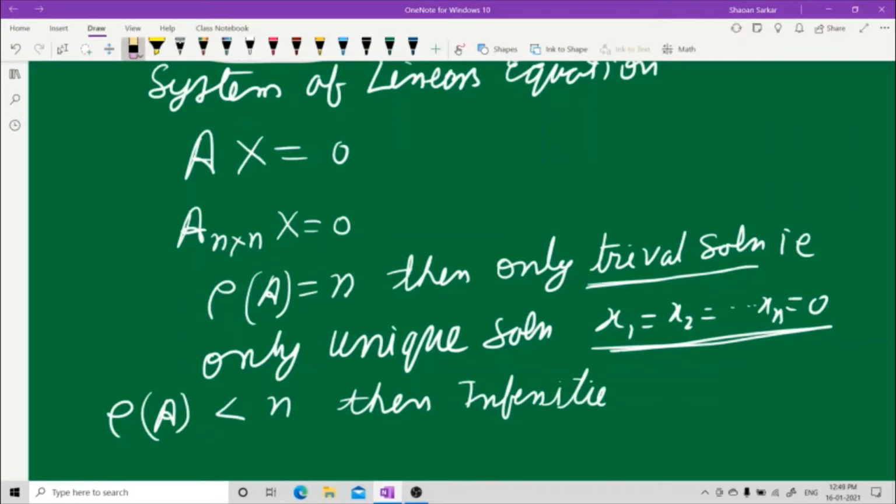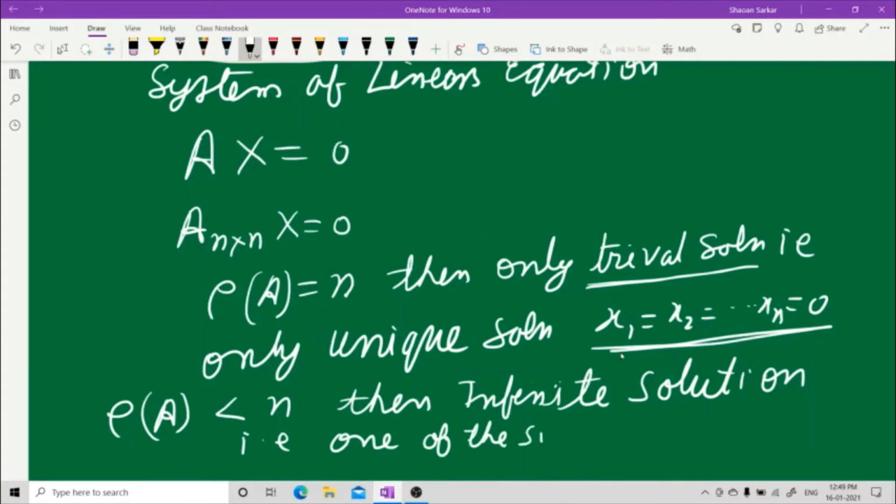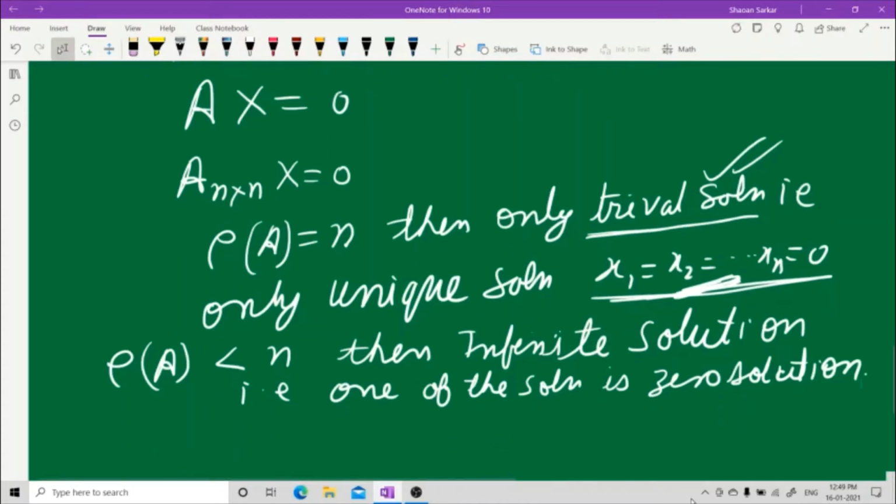That is, one of the solutions is this zero solution, but here it is only the zero solution, right? Now this is this case.